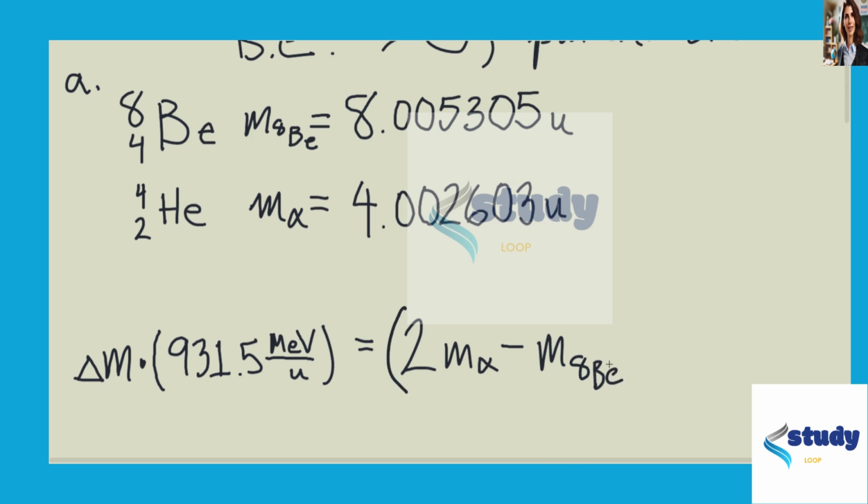And to make it in units of energy, we're going to multiply this difference by the conversion factor of 931 mega electron volts per atomic mass unit.